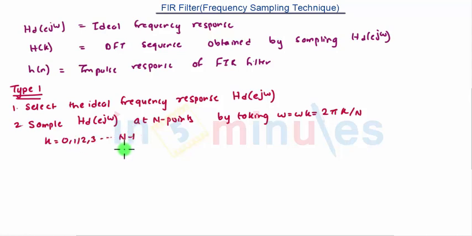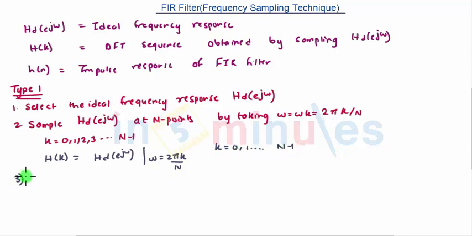Now we can generate the sequence H(k), given by Hd(e^jω) when ω is equal to 2πk/N. Here k ranges from 0 to N minus 1.